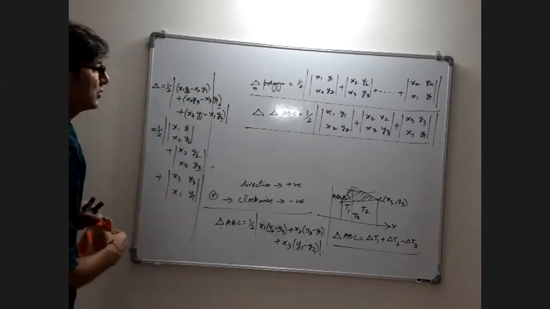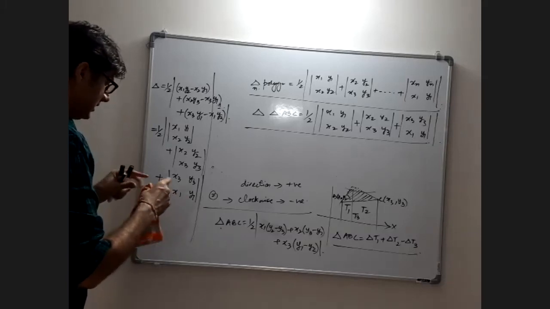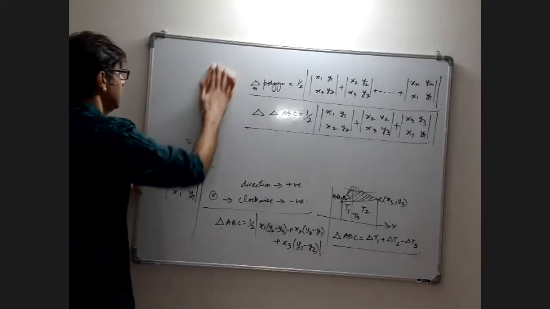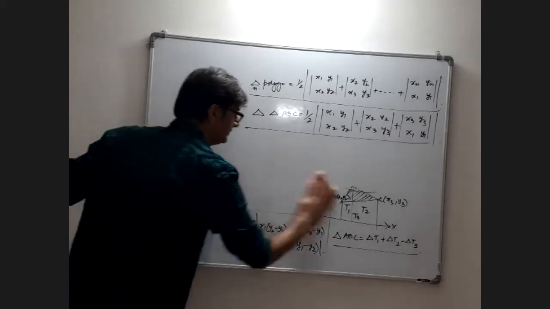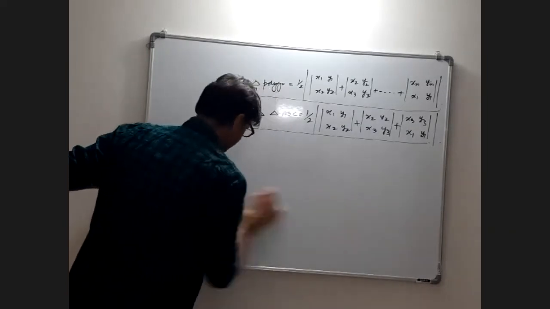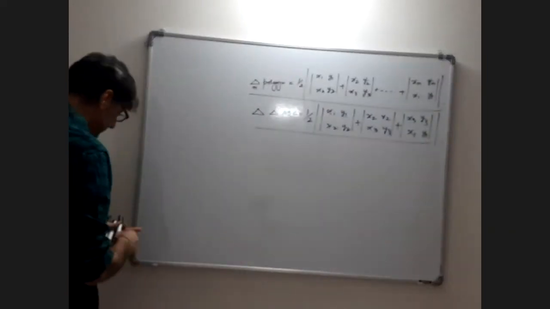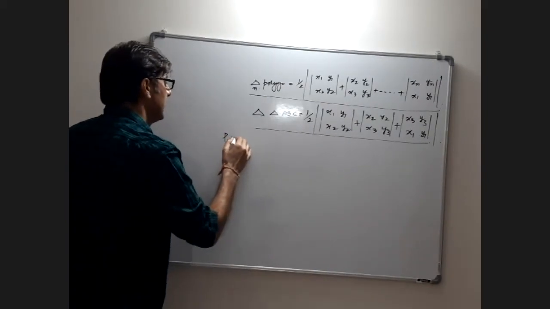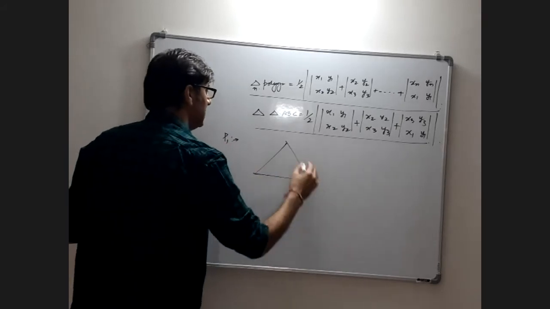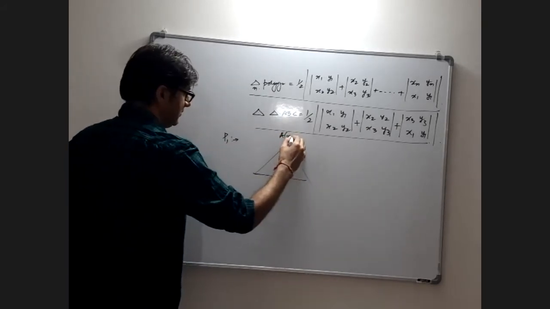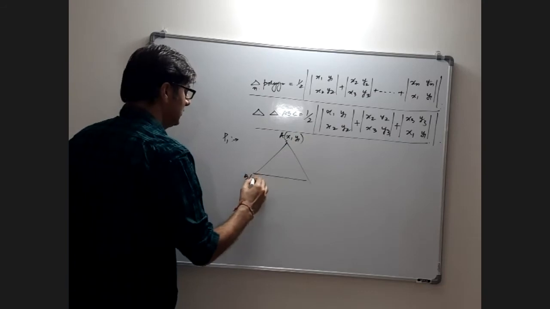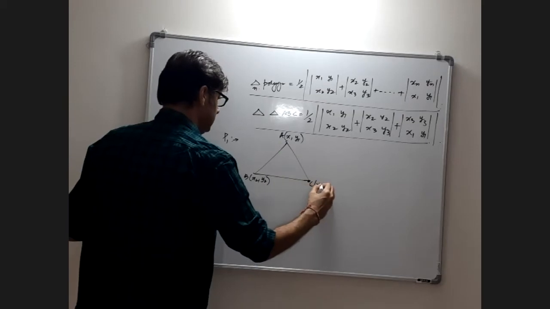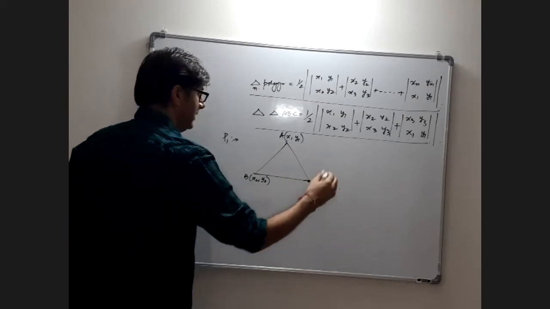After this, I have a question for you. I'll put forward a question with regard to the area of the triangle, and just write it down. Problem 1: we have a triangle ABC with the coordinates x1, y1, x2, y2, and x3, y3.